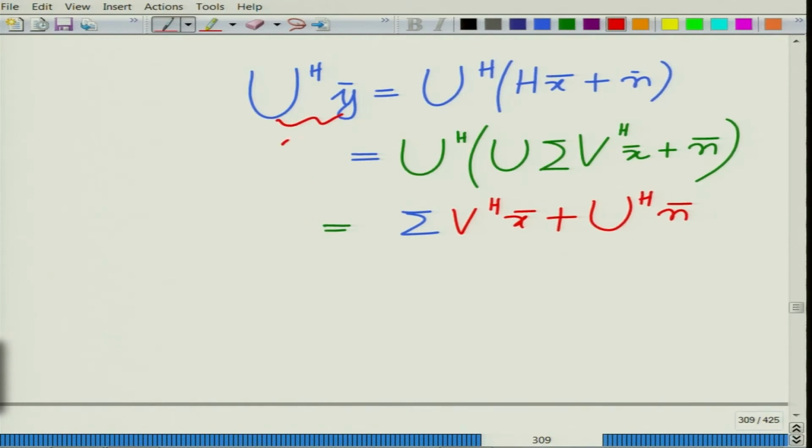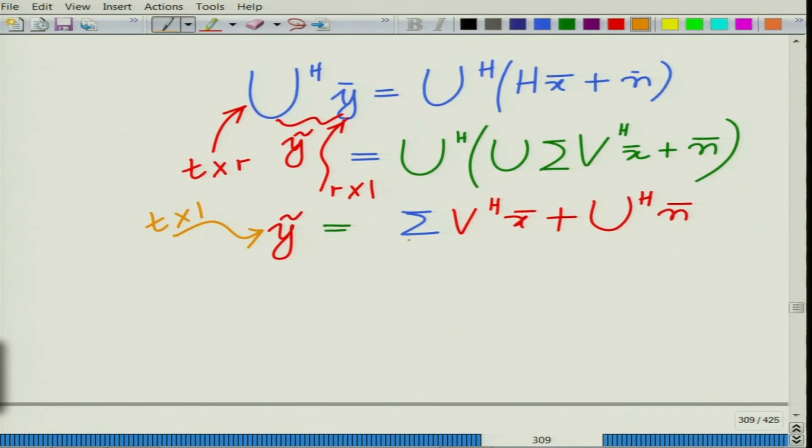Let us call this Y tilde. Now, U Hermitian is T cross R, Y bar is R cross 1, which implies Y tilde is going to be a T cross 1 vector. And U Hermitian n bar, let us call this n tilde. So, we have Y tilde equals sigma V Hermitian x bar plus n tilde.